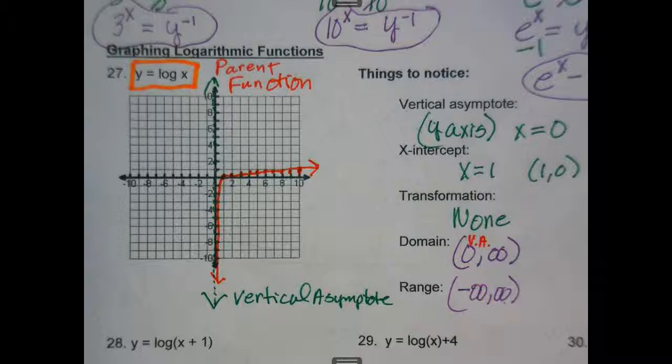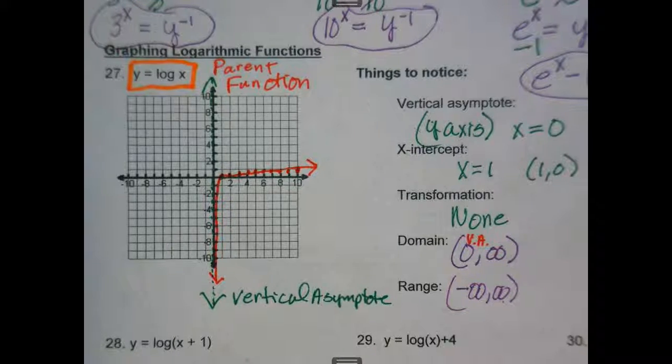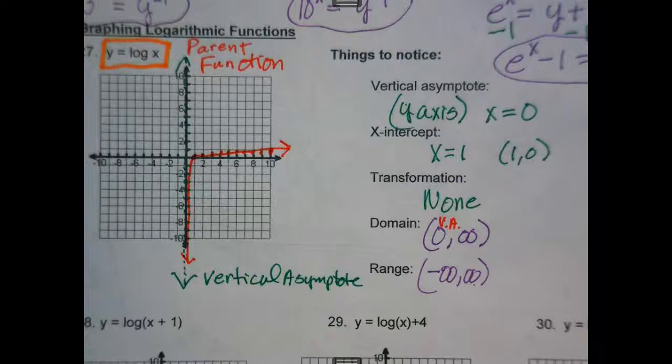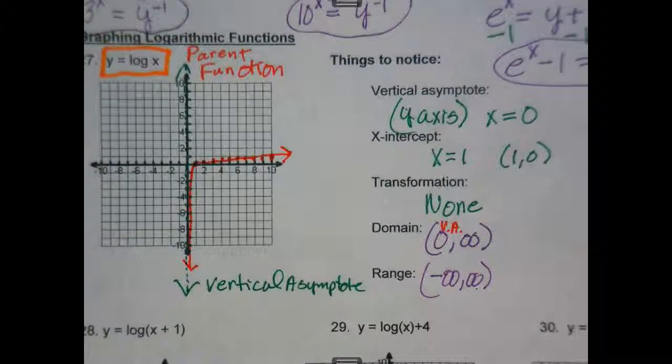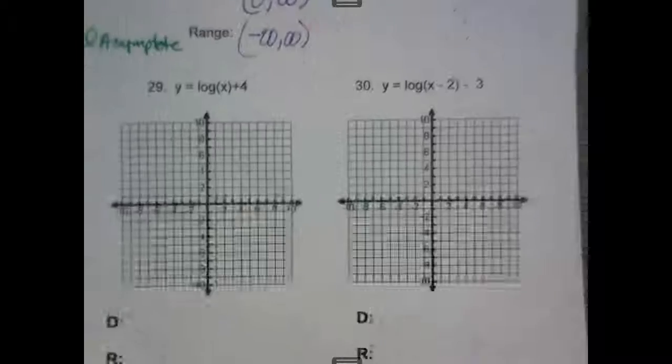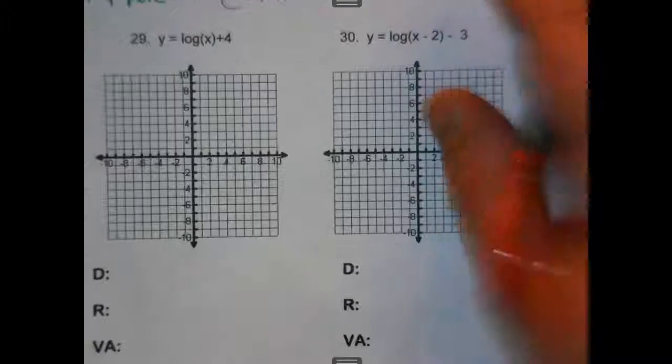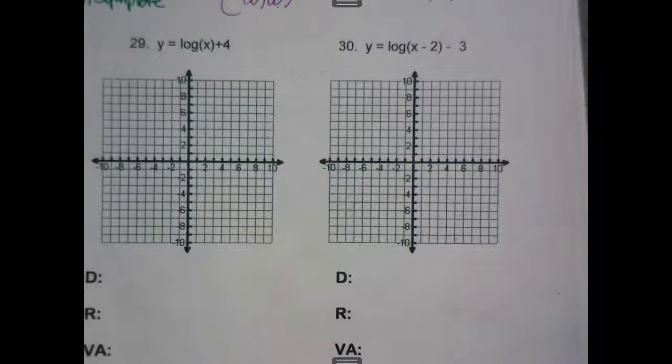Got it? Now, I'm only going to do one of these transformation problems because we've been doing transformation problems forever. So I'm going to do number 30. Look at number 30.